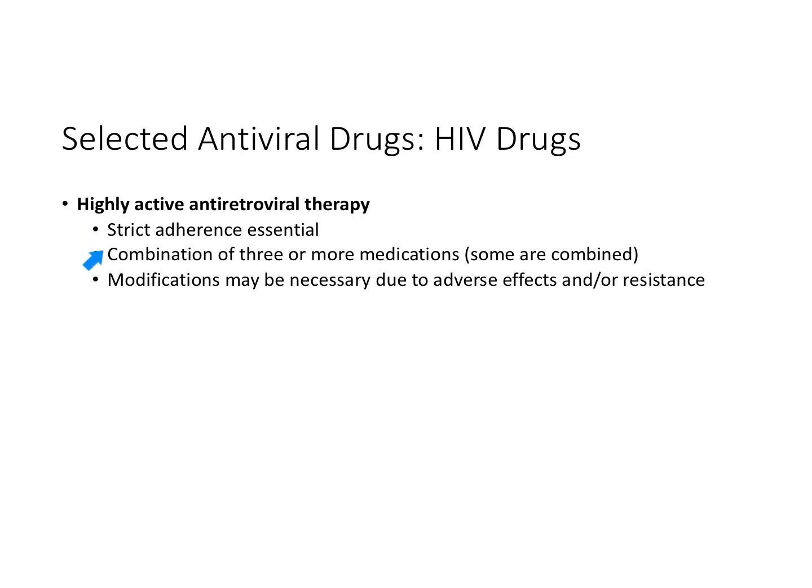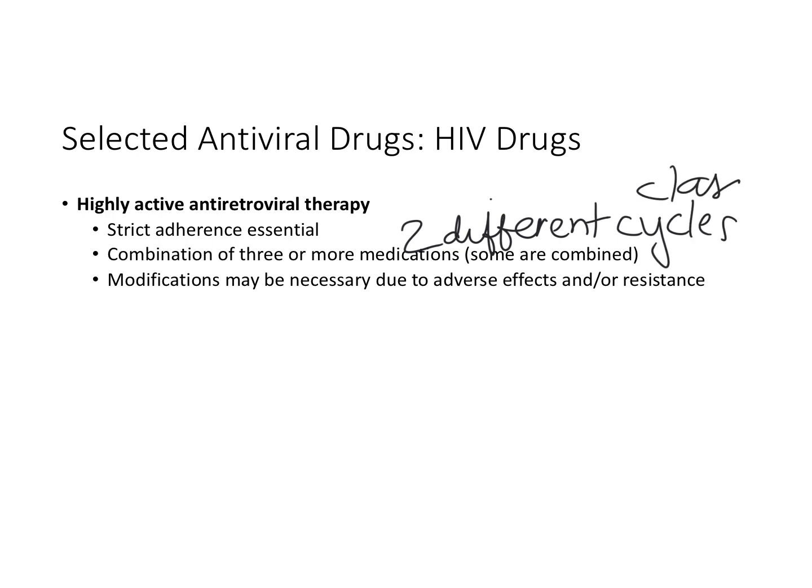So a combination of 3 or more medications, but like I said, some of them are combined. I'm not an expert in HIV, but I have not heard of a single pill that has 3 different ones, but there's a lot that are 2 different medications in one, and they need to be at least 2 different classes. So you can't be on 3 medicines that all work in the same way. So 3 different classes.